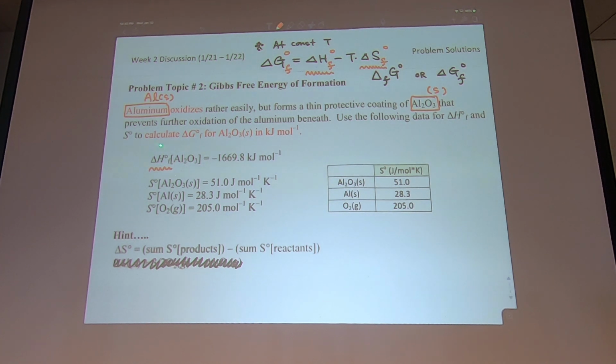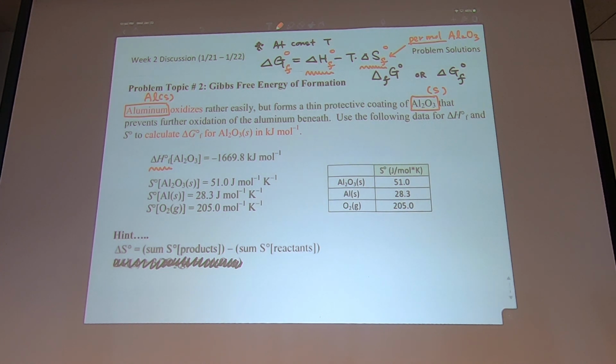So you have to write the reaction that describes this, and that has something to do with delta S of formation. When you say formation, it means per mole basis. So in this particular problem, it is per mole of Al2O3. That's the value I want to know.